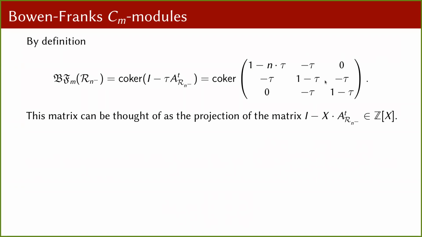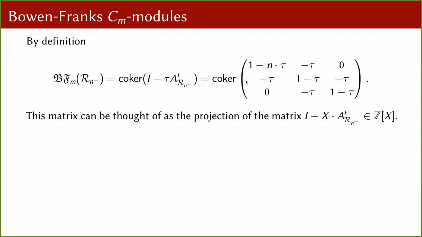What we did was first compute it for small n, but then we saw that one can think of this matrix as the image of this other matrix, with integer polynomial coefficients, under the projection from Z[x] to the group ring of any cyclic group. So we have a projection from Z[x] to Z[Cm], and that sends this matrix here to any of these other matrices here.